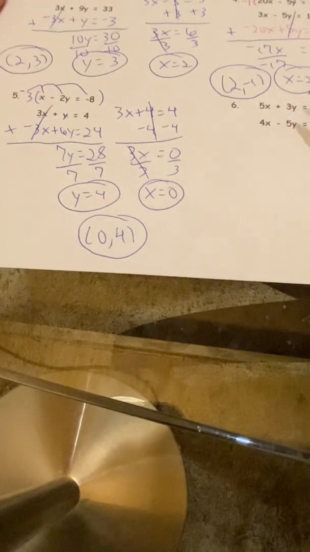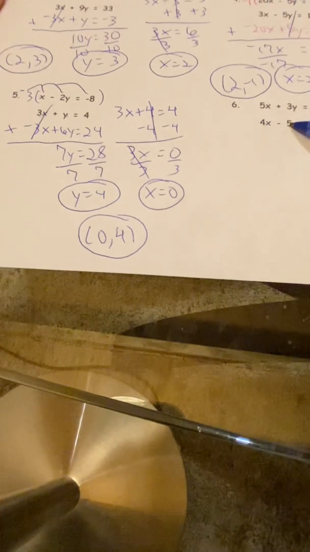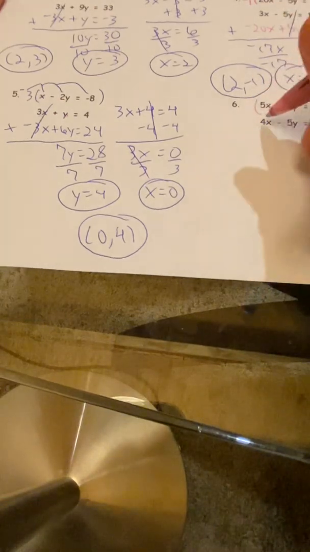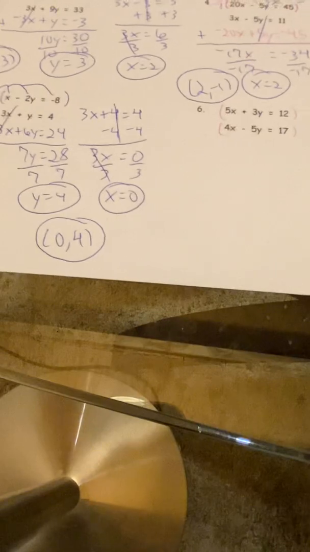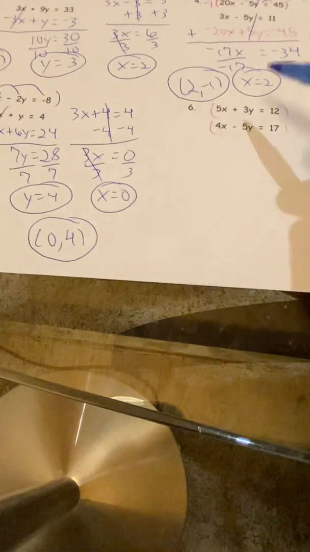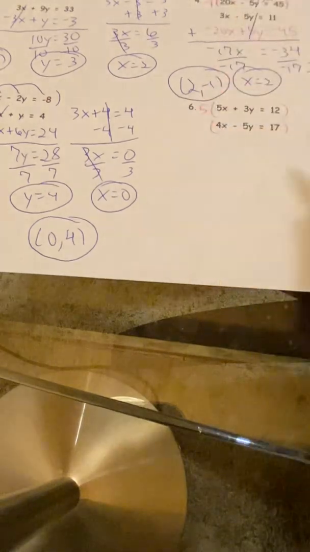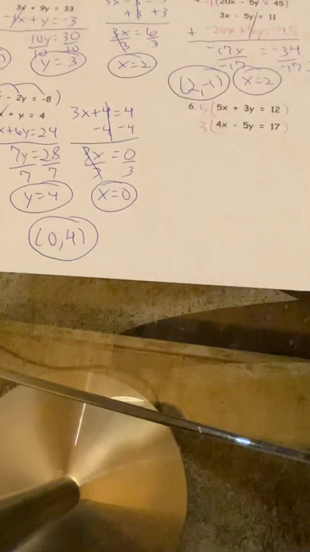Now, one thing that it's kind of up to you, if you see this, where I have a 3y and a negative 5y, I am going to multiply both of these and come up with 15. So what I'm going to do, I'm going to use 5 for the top row, 3 for the bottom row.